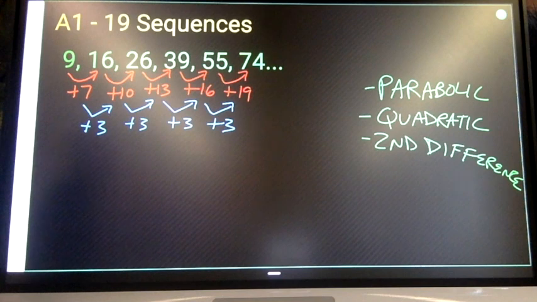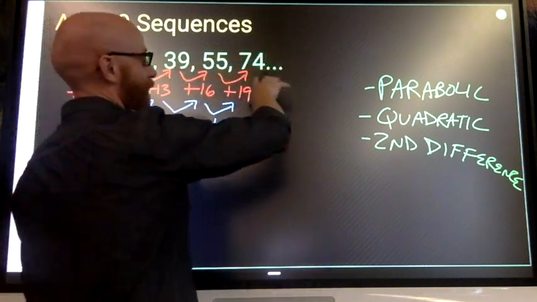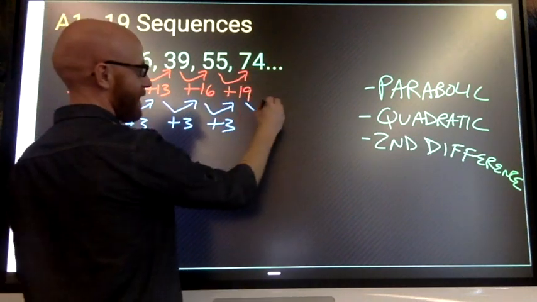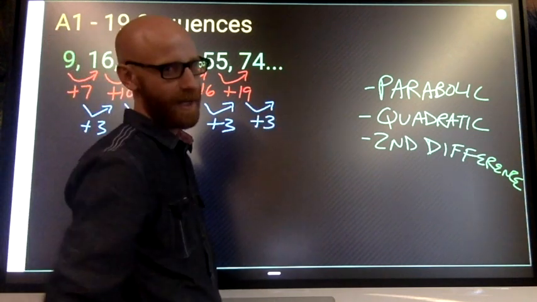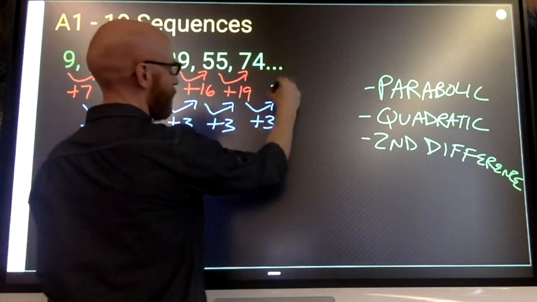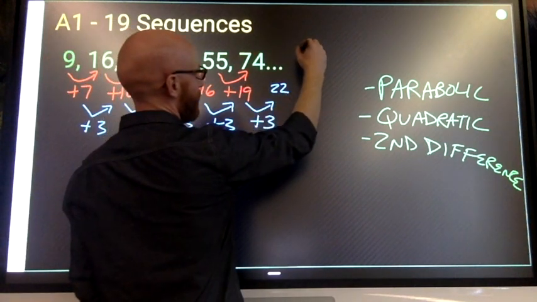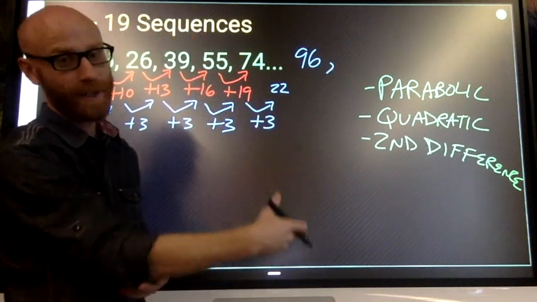Now, these are tough to recognize, and they're tough to get my next terms because I need to figure out what I need to add next time, which will be 22. So 74 plus 22 is 96. And then I don't add a 22 again.